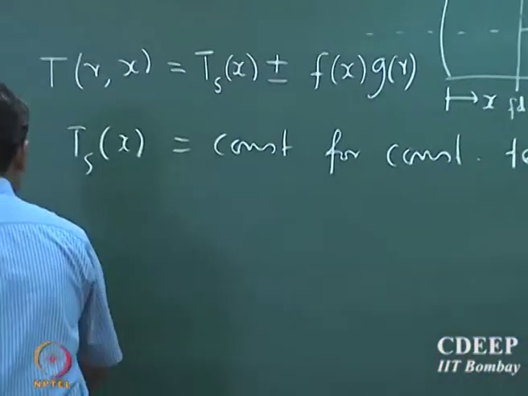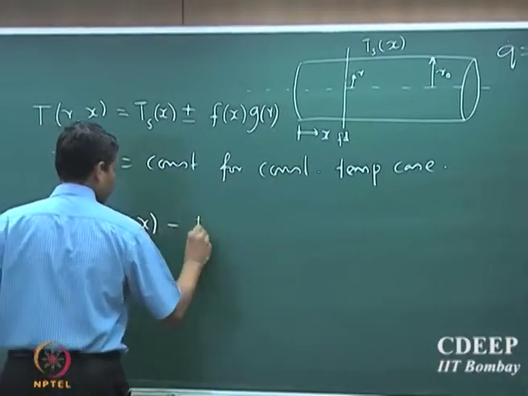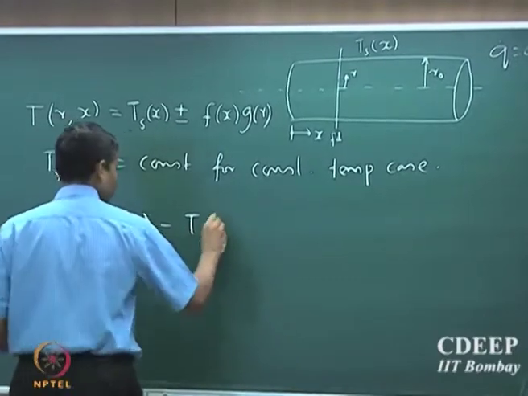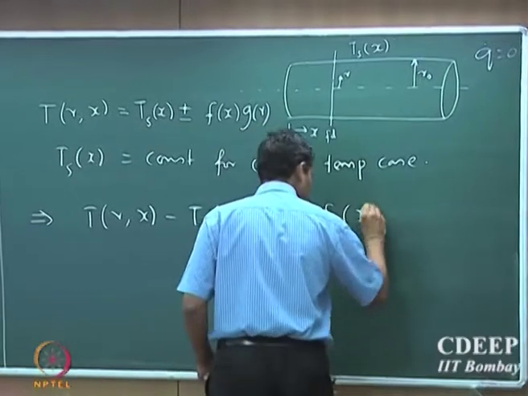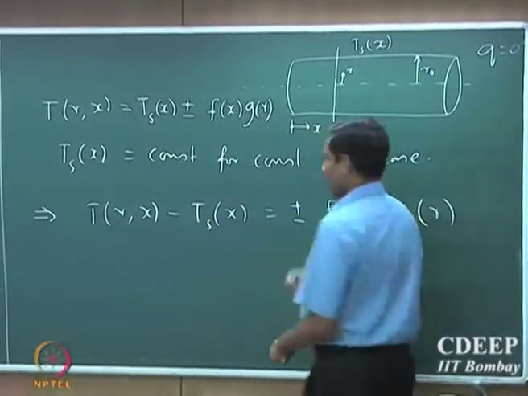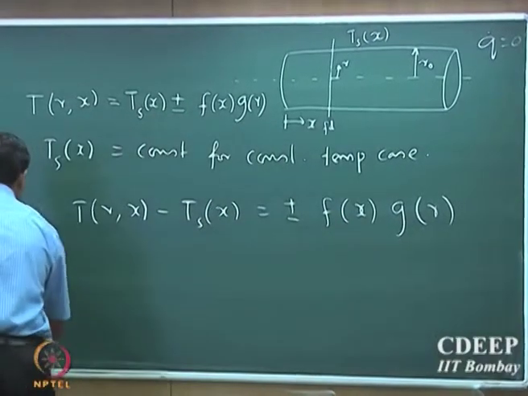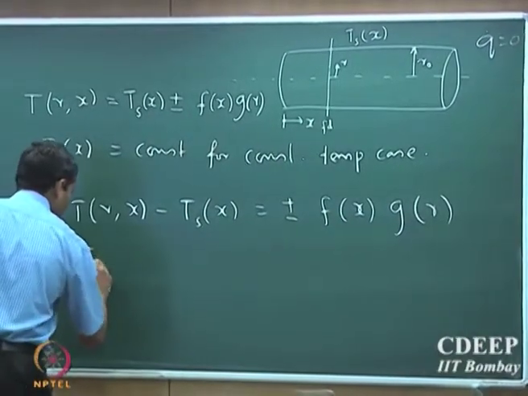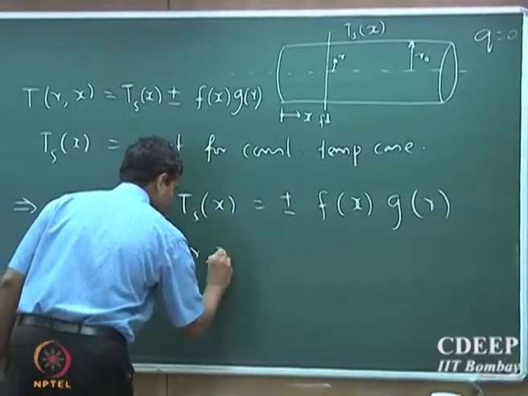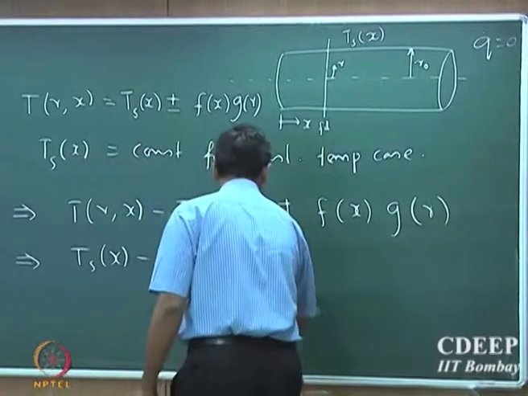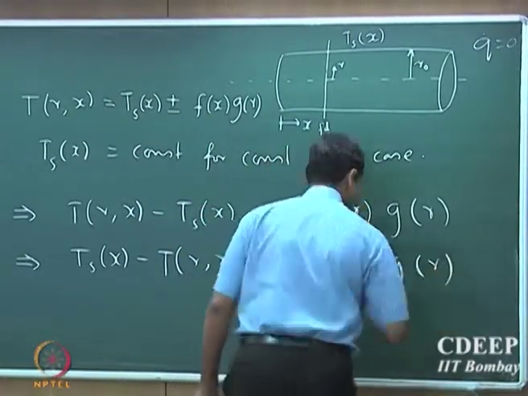So therefore, we can rewrite the functional form as T of r comma x minus Ts equal to plus or minus f of x into g of r. Okay. So now I just want to rewrite it as Ts minus T equal to minus plus f of x into g of r.